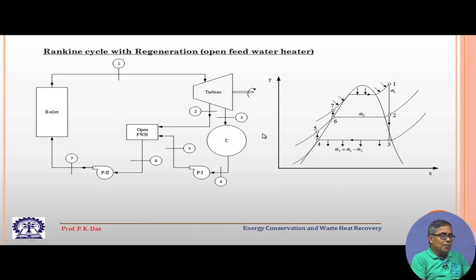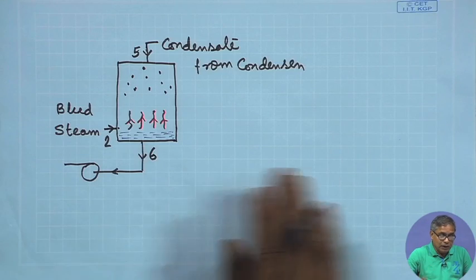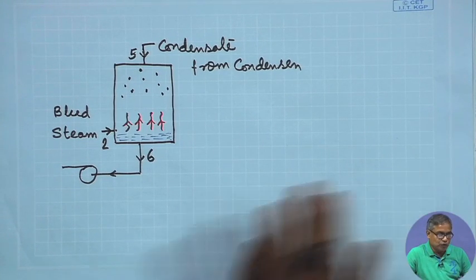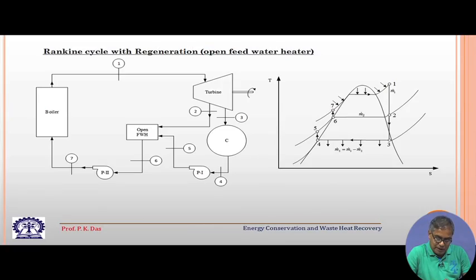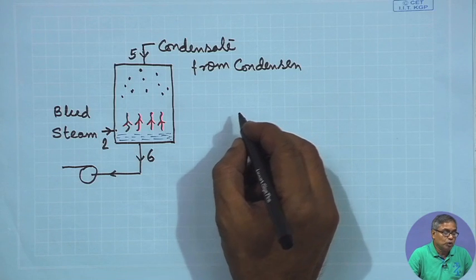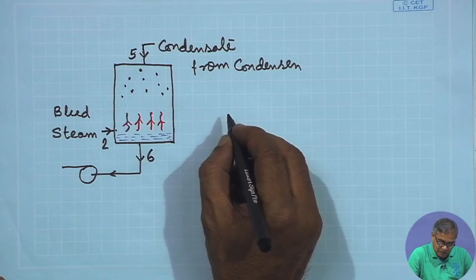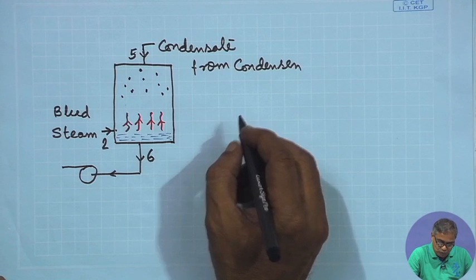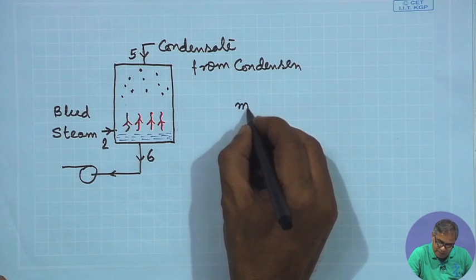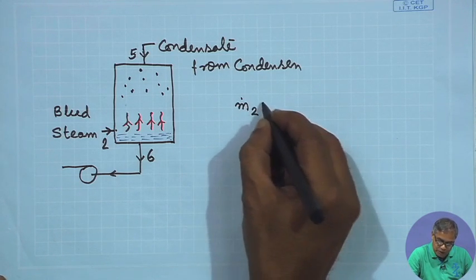And by one energy balance, which we will see later on, or now itself we can do it, this energy balance we can do. Let us say the enthalpy at point 2 is H 2. So, the mass which is coming through stream 2, that will be m dot 2 into H 2.